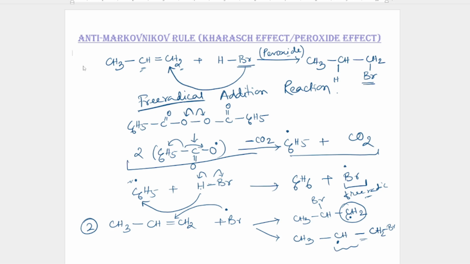The free radical formed here is a primary free radical because this carbon is attached to only one carbon atom. Whereas here the free radical generated is attached to two carbon atoms, so this is a secondary free radical and this is a primary free radical.